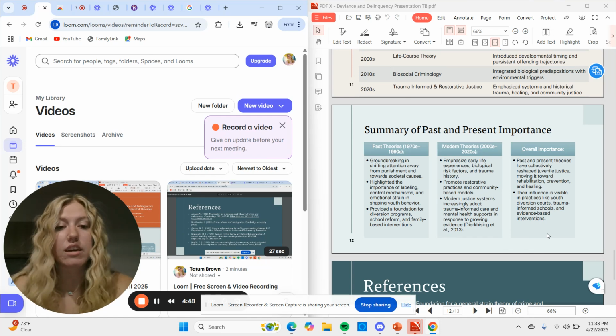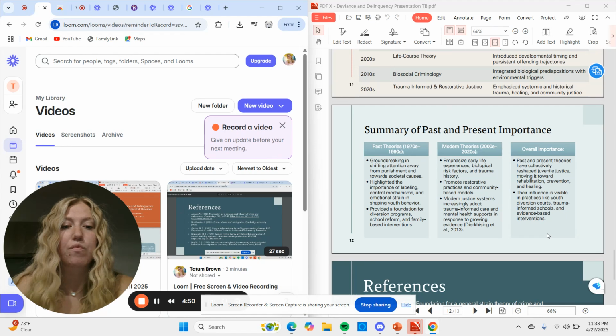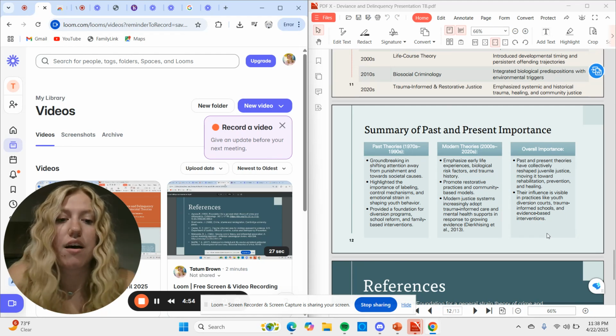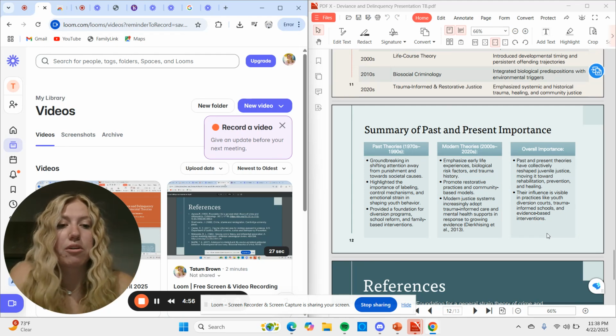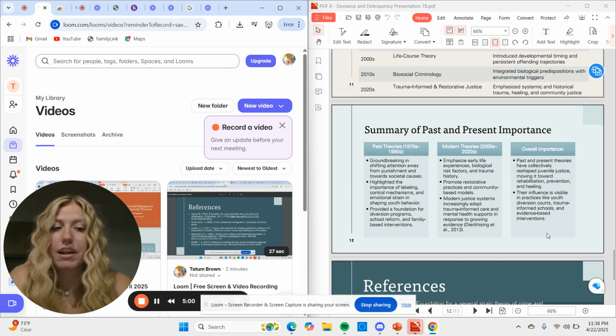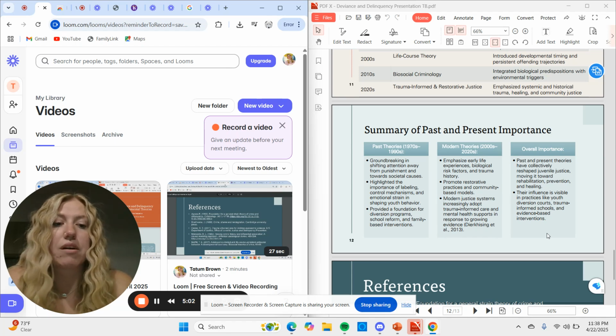And in modern theories, it's promoting restorative practices and community-based models. The overall importance is moving toward rehabilitation, prevention, and healing, and it's present in youth and trauma-informed schools.